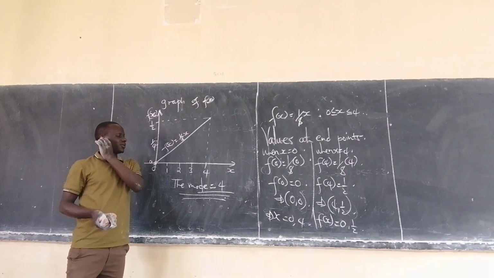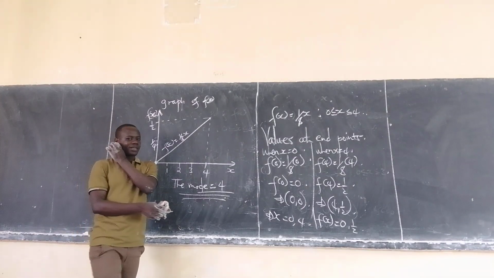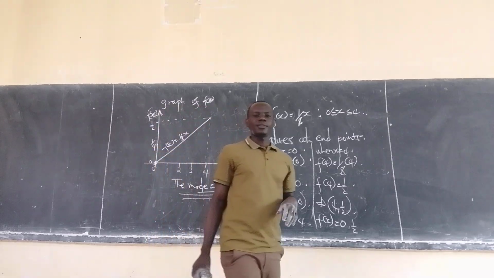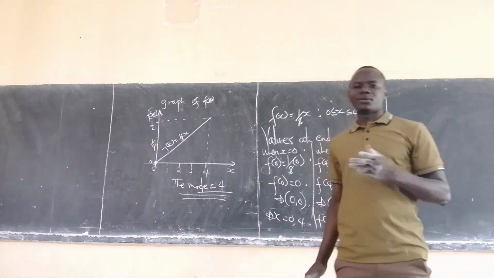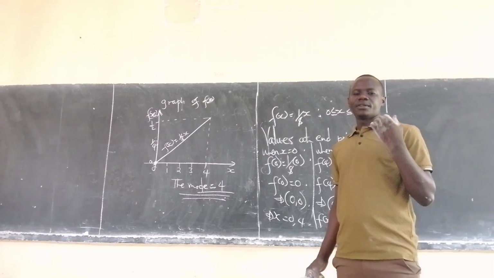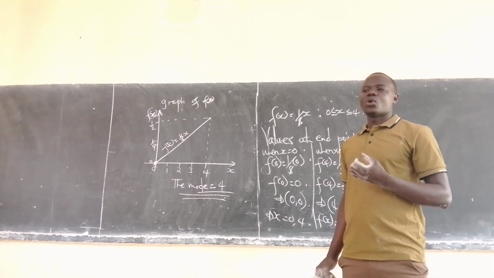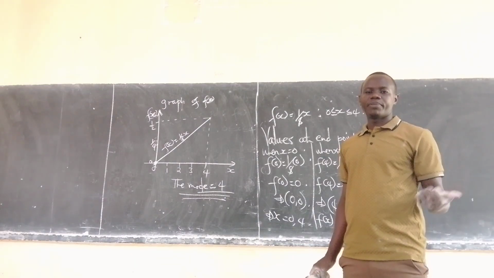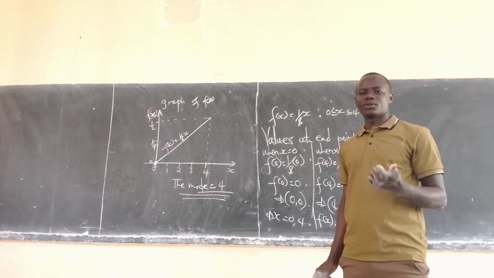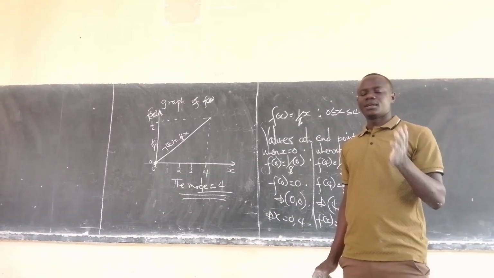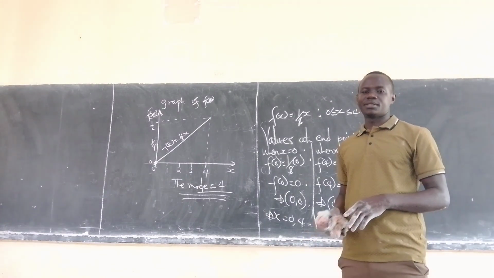Now this is not the only way they can set this. They can also bring finding the mode of a compound PDF when it is linear in both intervals, or when one part is linear and the other part is non-linear.